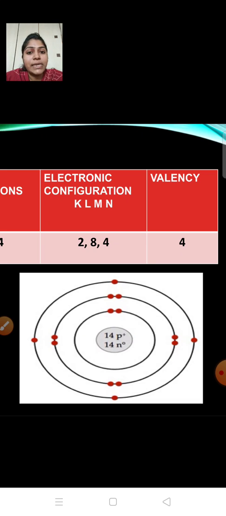Now to achieve stability, silicon needs 4 more electrons, then it will have total 8 and it will be stable. Now silicon can neither lose nor gain electrons, right? So what it will do? It will share 4 electrons. So by sharing electrons, silicon will achieve stability. So the valency of silicon is 4.